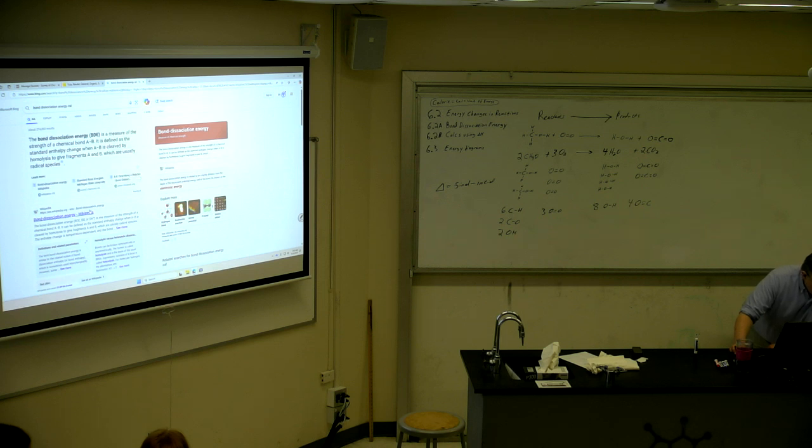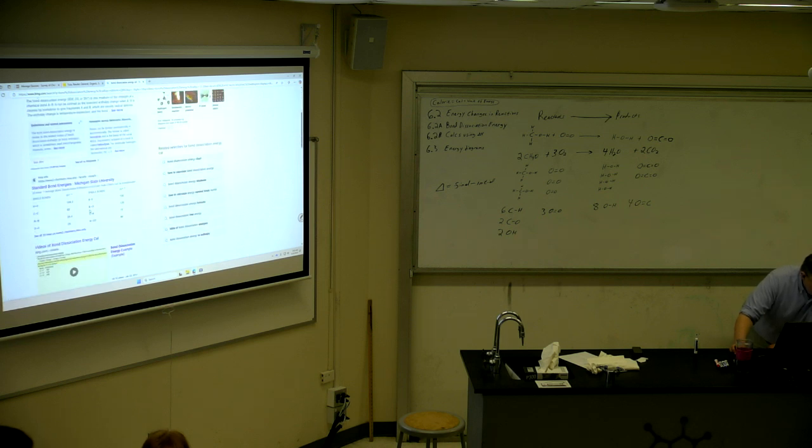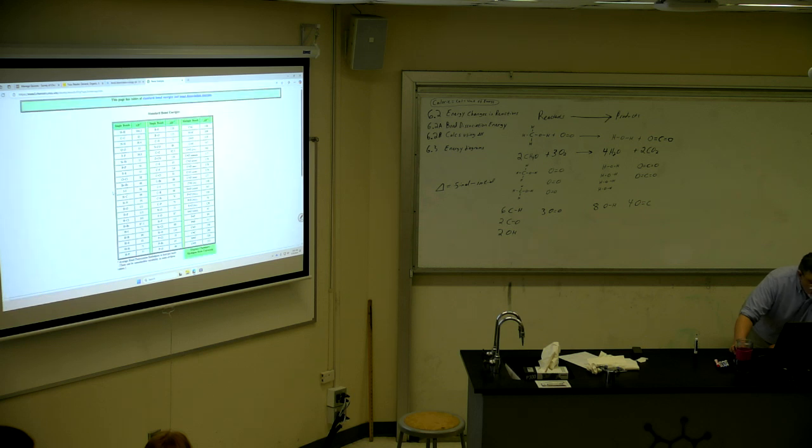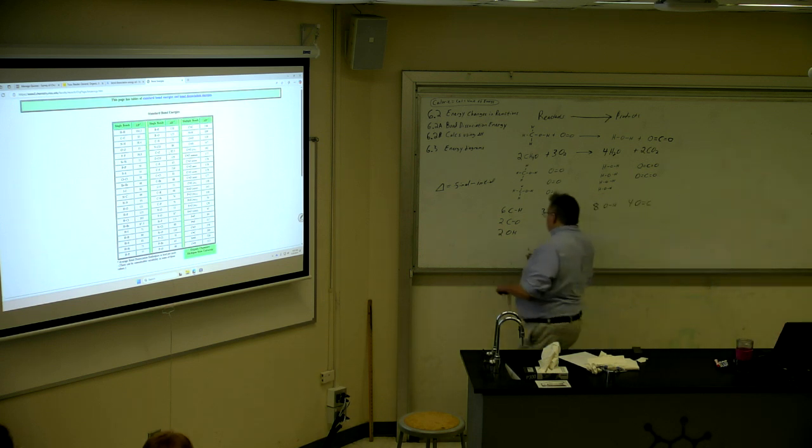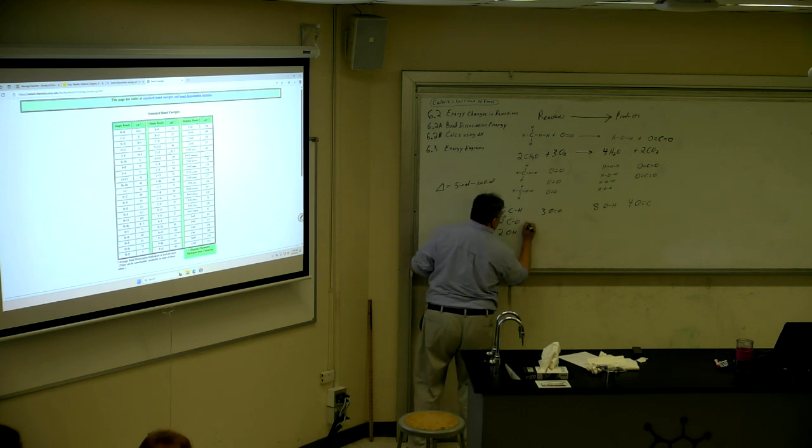That's a very limited chart. That's in kcal, all right. This is what we want. And these are kilocalories. Okay. C to O. There it is. 85.5. C to O, 85.5.